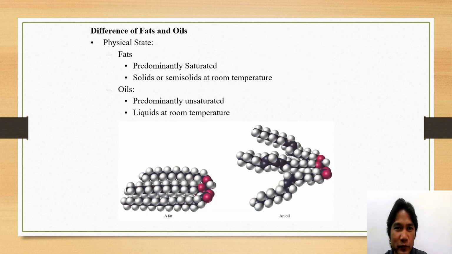Now let's see the difference between fats and oil. Physically, at room temperature, fats are solid or semi-solid, and they are predominantly composed of saturated fatty acids. And when we say oil, such as your vegetable oil, they are predominantly composed of unsaturated fatty acids, and normally they are liquid at room temperature.